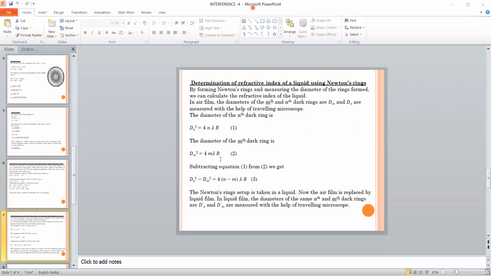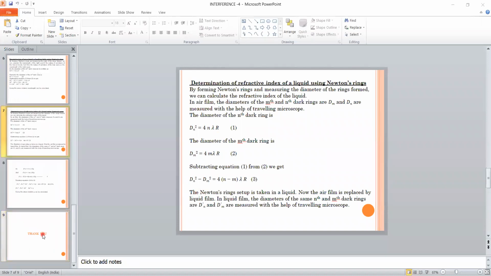Now subtracting this, we get D n square minus D m square is equal to 4 into n minus m lambda r. This is the derivation we have to take, with air as a medium.